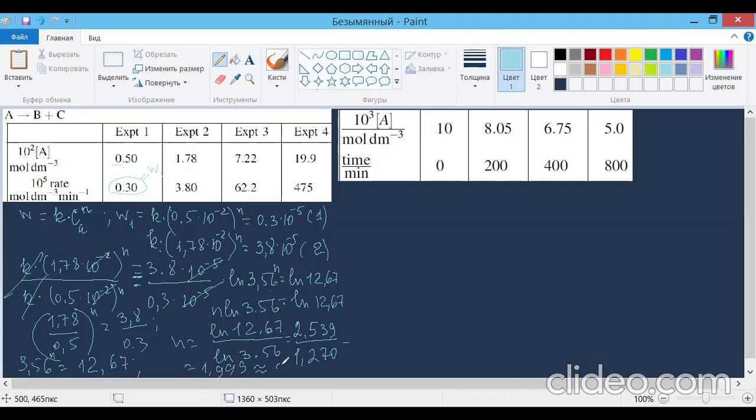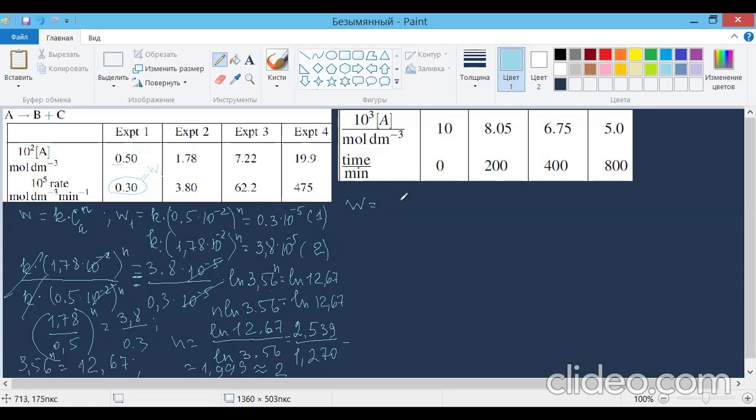If we round off, we got 2. Yeah, we can see that the data given in the second column, related to the findings obtained after carrying out experiment number 1, show us that the order of this reaction is equal to 2. It means that we can write the kinetic equation for this reaction the following way.